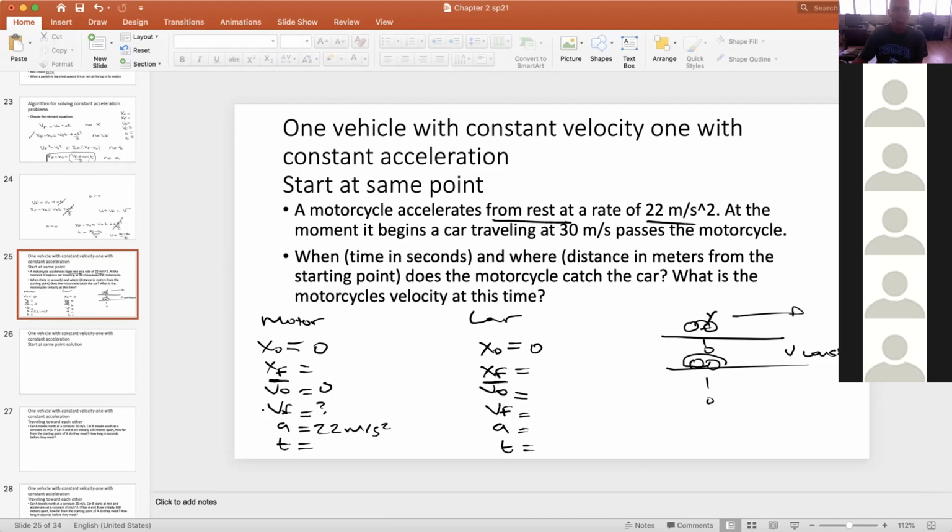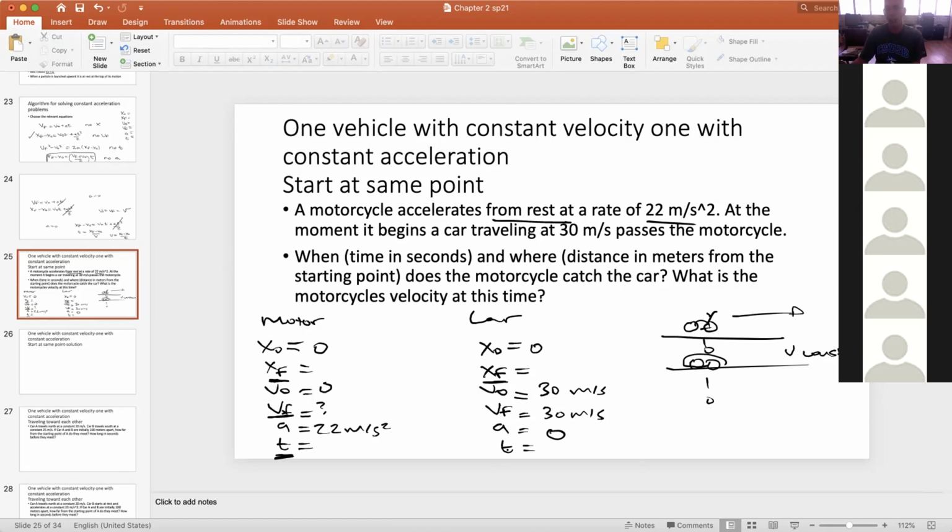I don't know what v final is. In fact, I want to find v final. I don't know what the time is. So I have 3 things I don't know. I don't know x final for the car. I know that v initial was 30 meters per second and v final was 30 meters per second. So this is 0. It's traveling at constant velocity.